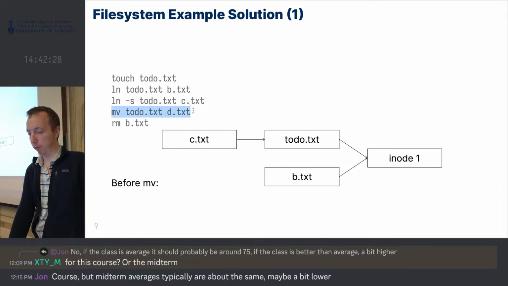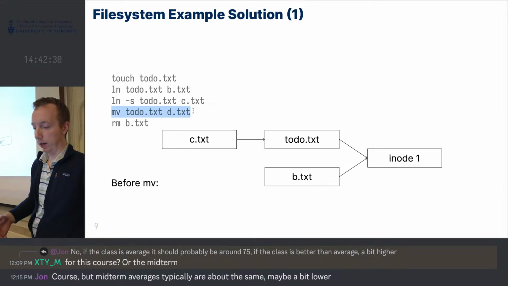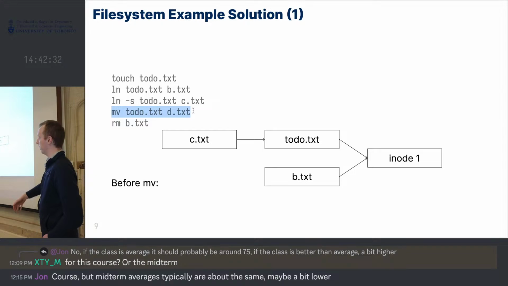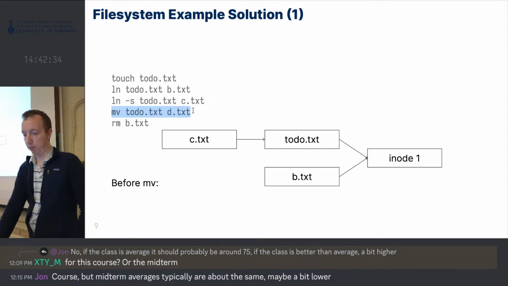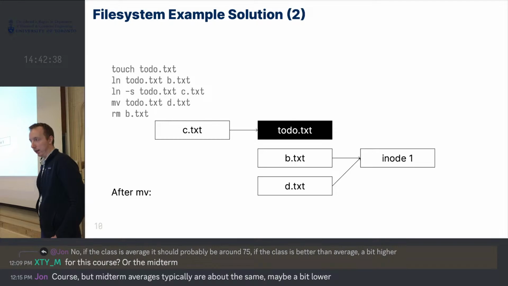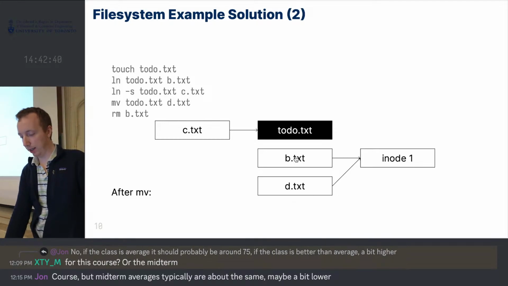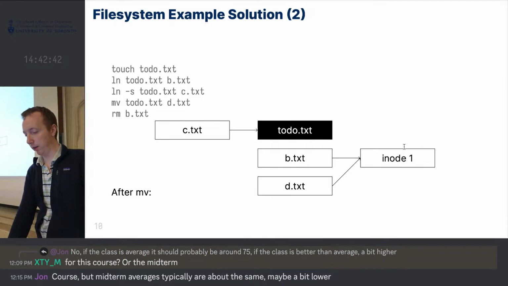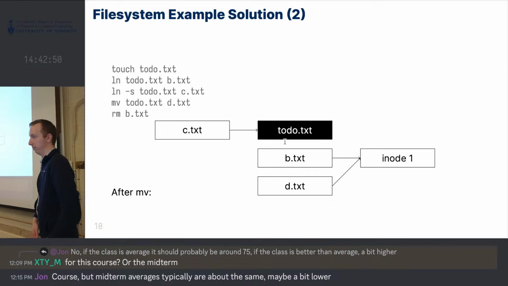So if I do this move, all I'm doing is changing the entry called to-do.txt to d.txt. So now d.txt and b.txt refer to the same inode, and c.txt, because it's a soft link, just refers to the same name, to-do.txt, which doesn't exist anymore, which is the exact same thing we just saw.